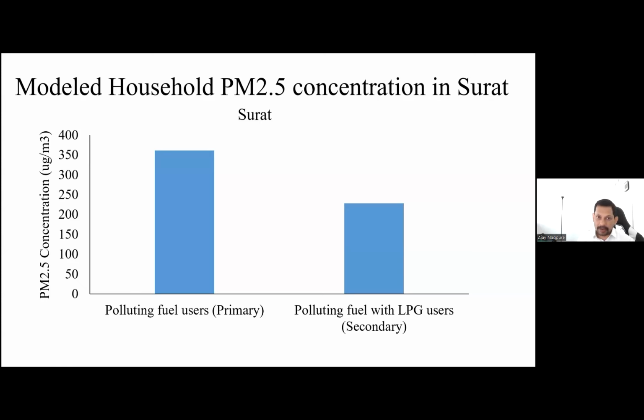So there is one model, I think from 2013, a paper called household concentration estimation for Indian states. It was developed by Balakrishnan et al. And they have developed a semi-empirical model.